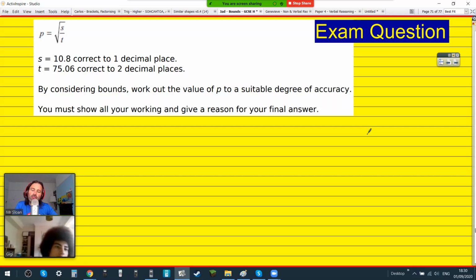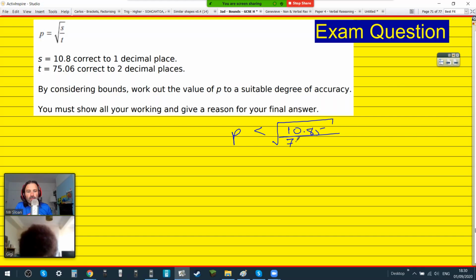All right. So, to a degree of accuracy, the upper bound would be square root 10.85 over 75.055.